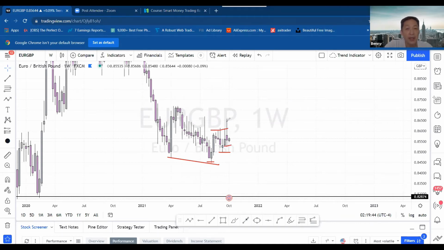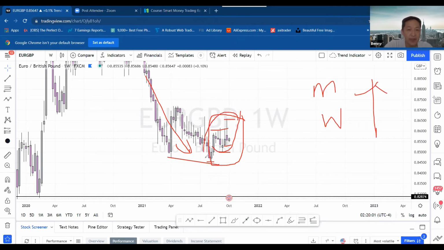We have a high, with a higher high. So it looks like in the lower time frame, the trend is changing from bearish to bullish, which aligns with the higher time frames, monthly and weekly, which are bullish. So whichever time frame is over here, this is bullish. This is still bearish.